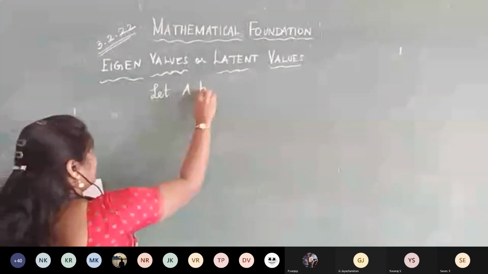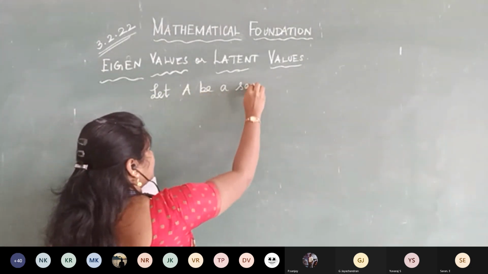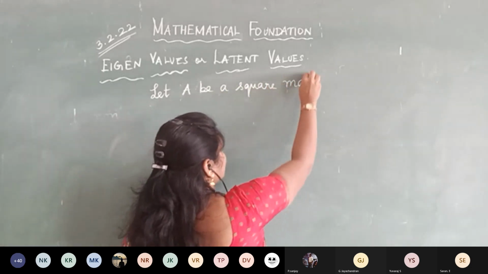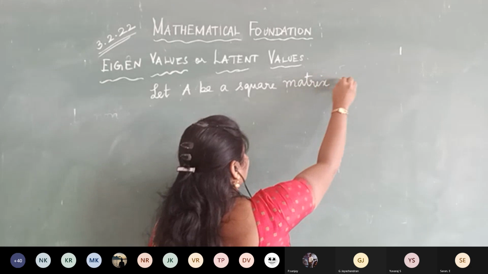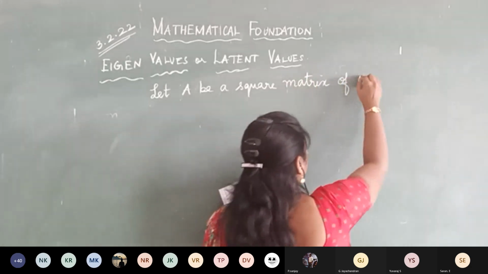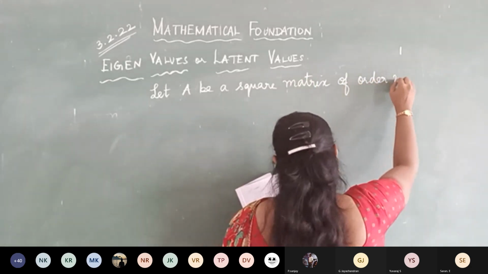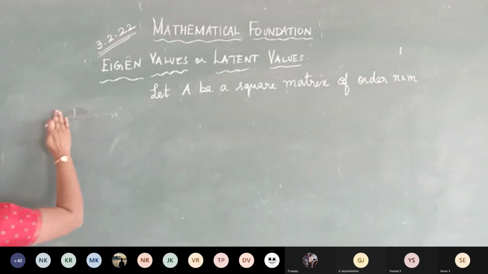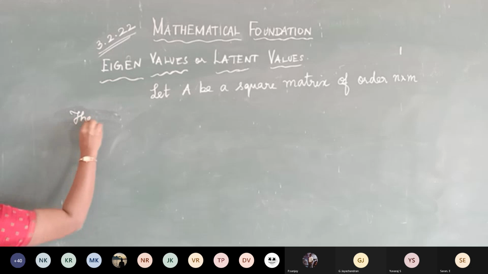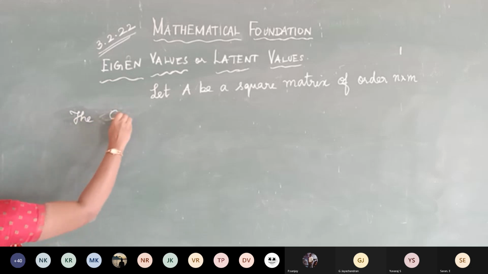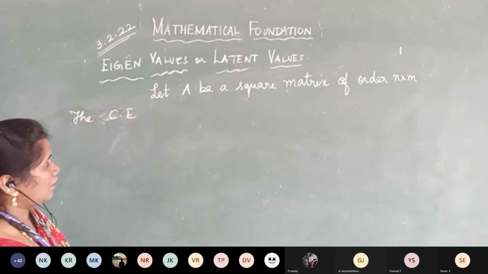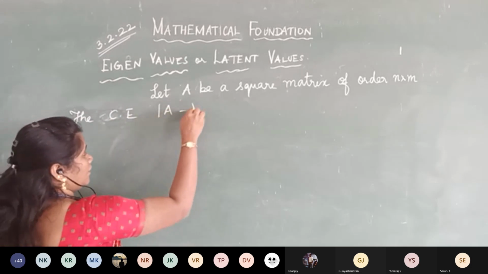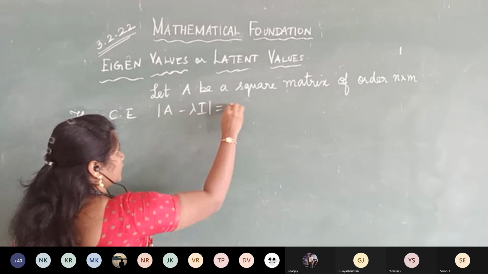Let A be a square matrix of order n cross n. The characteristic equation, you know your characteristic equation, no? Write that one. The characteristic equation in general is determinant of A minus lambda I equal to 0.